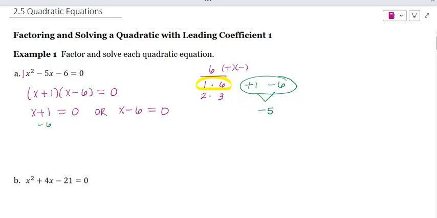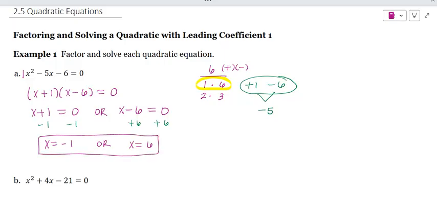So I'll subtract 1, subtract 1, and I'll get that x is equal to negative 1. Or on the other side, we'll add 6, and we'll get that x is equal to 6. So these are our two solutions for the original quadratic.